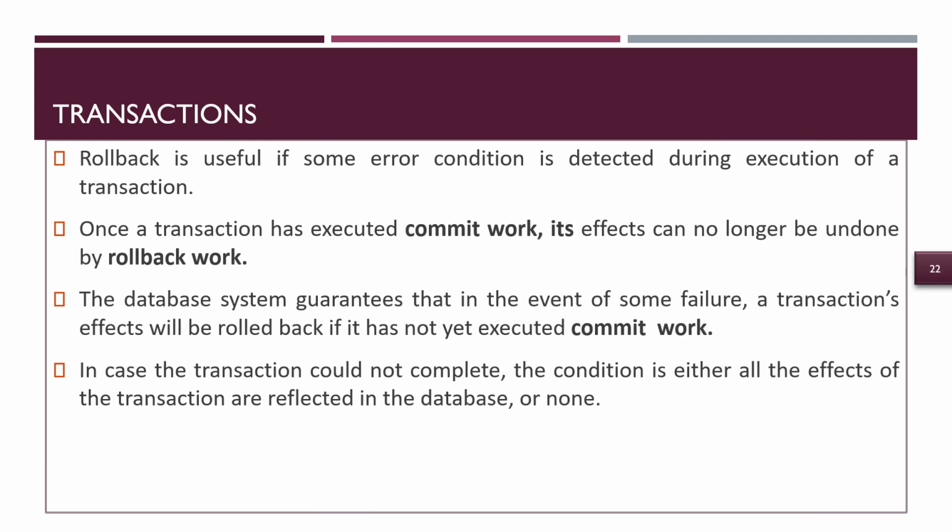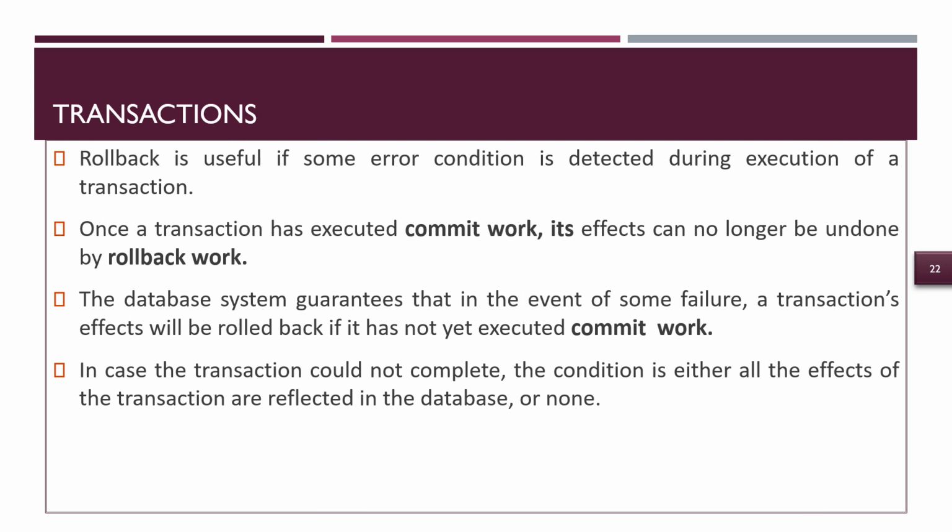Rollback work is useful if some error condition is detected during execution of a transaction. Once a transaction has executed commit work, its effects can no longer be undone by a rollback. That is, once a transaction is committed, we can't roll it back.